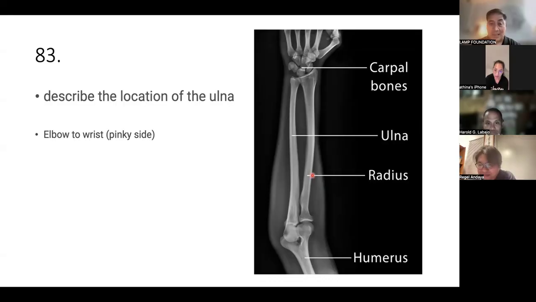Yeah, radius is lateral. Yes, ulna is medial. So if the radius is lateral, what is the counterpart of the radius in the leg? The fibula. Yes. And what is the counterpart of the ulna? The tibia. Okay.